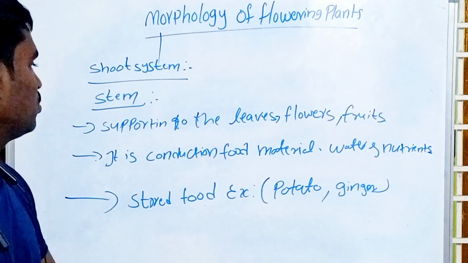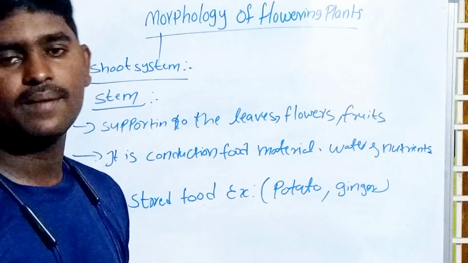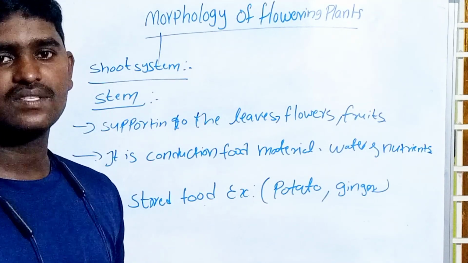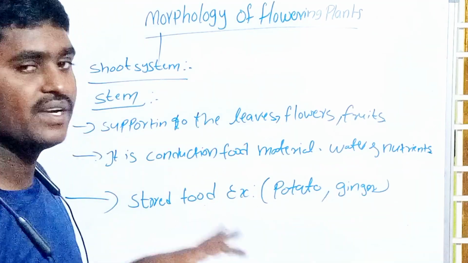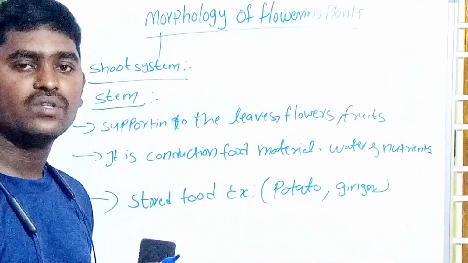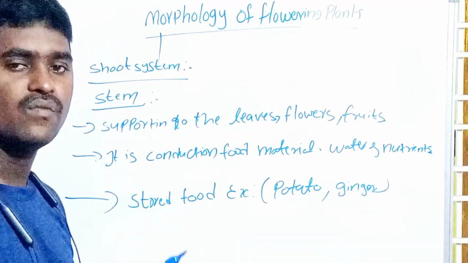The shoot system consists of stem, leaves, flowers and fruit. The stem supports the leaves, flowers and fruits.